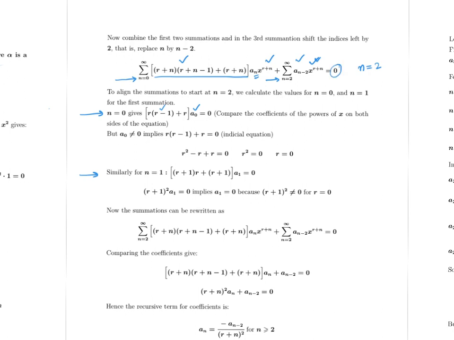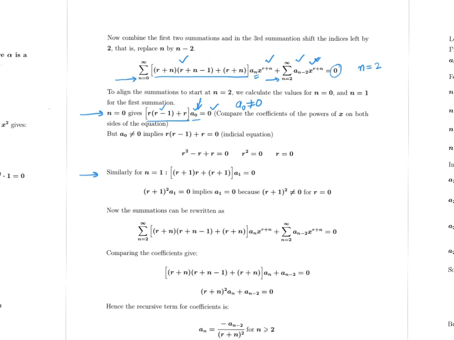So that means all the coefficients of x to any power on the right hand side have to be 0. That leads to the following: this times this must be 0. But by assumption, a sub 0 cannot be equal to 0. So this cannot be 0.